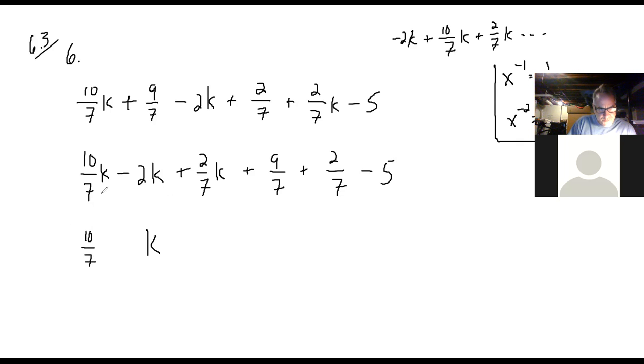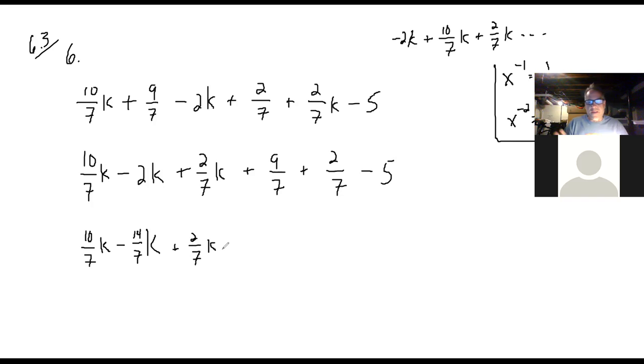Notice these two have the same denominator. If I'm doing it by hand, I need to rewrite this with the denominator of 7, which would be 14 divided by 7 is what? 2. So all I've done is rewrite it into a different form so I have the same denominator.